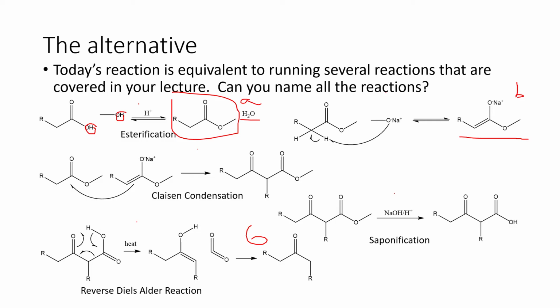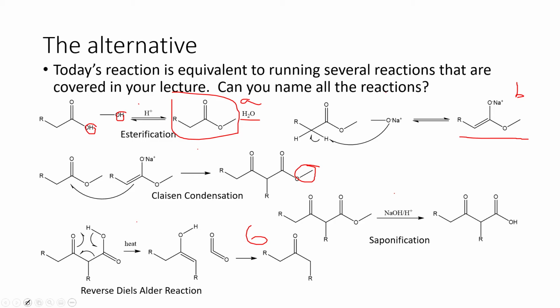So this means this double bond here is going to come in and attack the carbonyl, and we'll get this fairly large molecule here. Next, we need to remove this methyl group. So we can do this using a saponification reaction. By using sodium hydroxide or some kind of acid, we come in and we basically remove the methyl group and replace it with an alcohol.